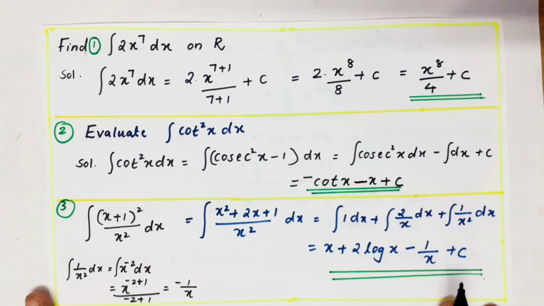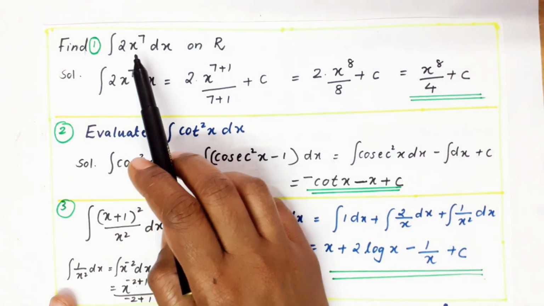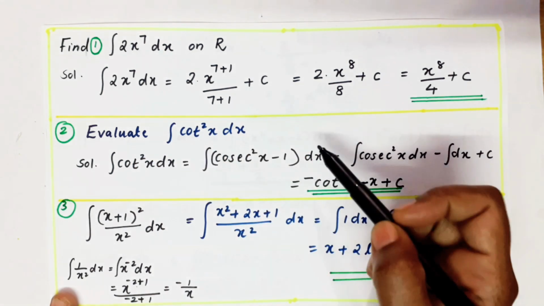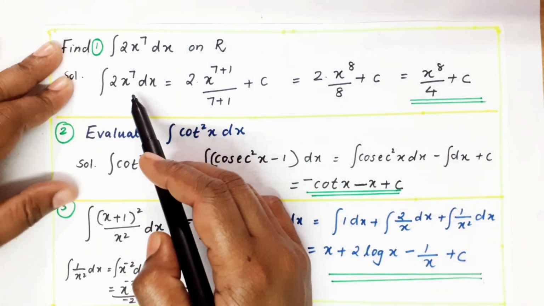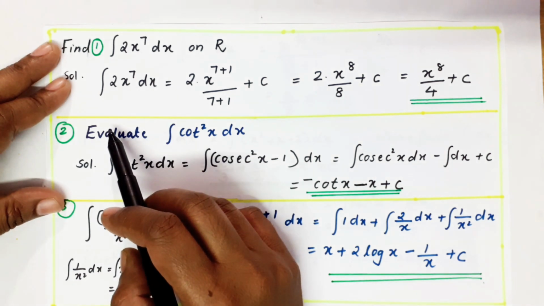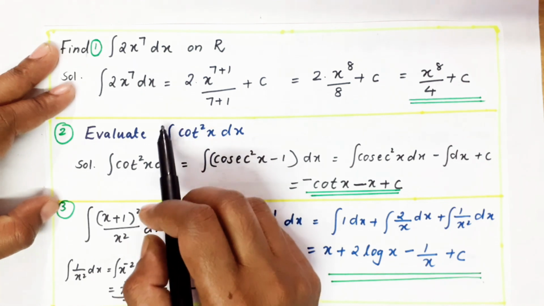See here the question, integral of 2x power 7 dx, x on real numbers. So I need to integrate this, integral of x power 7 dx. Here 2 is constant. I am taking 2 out.